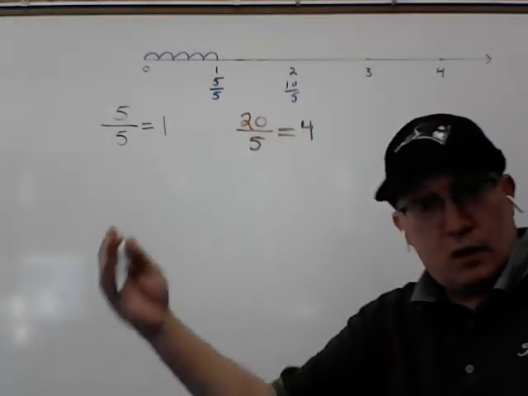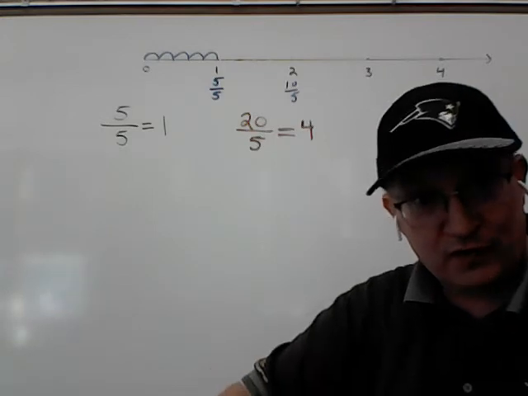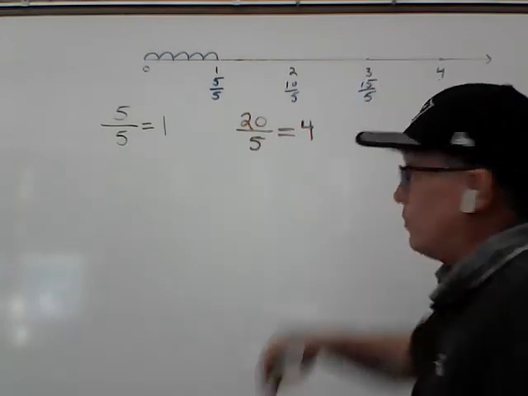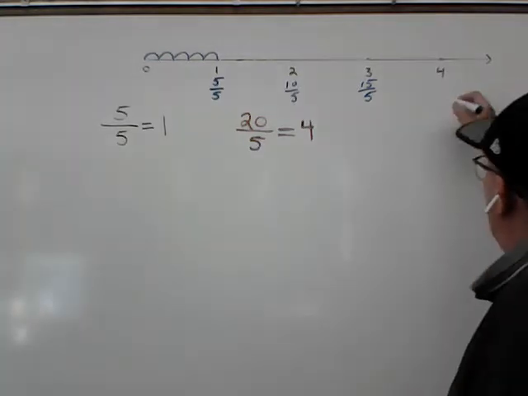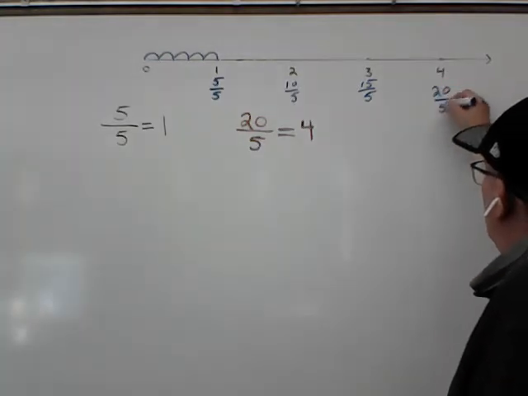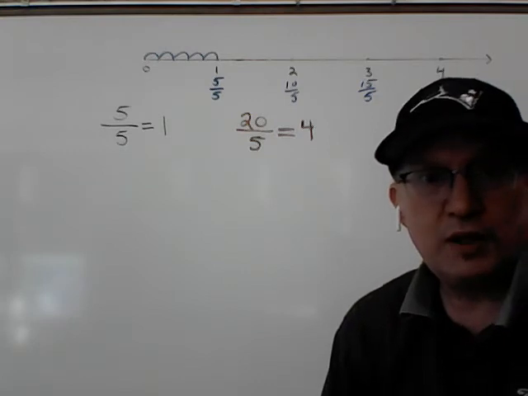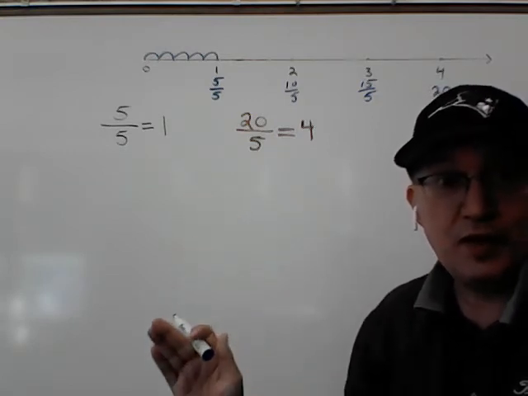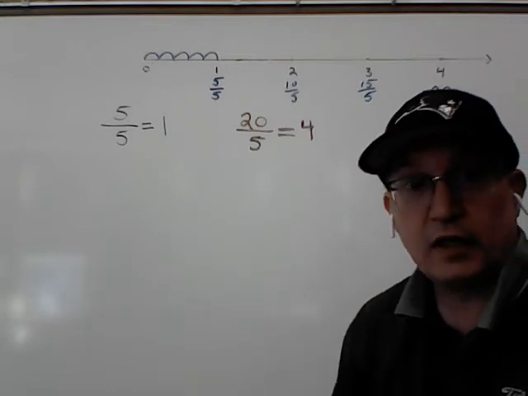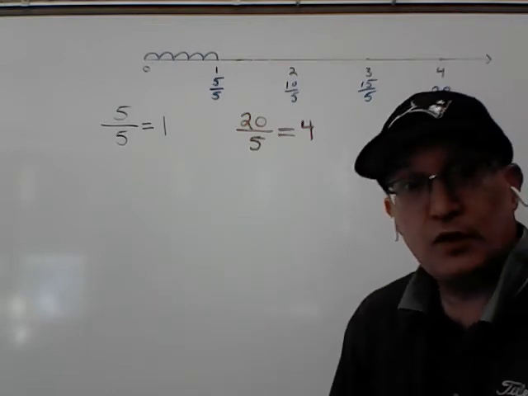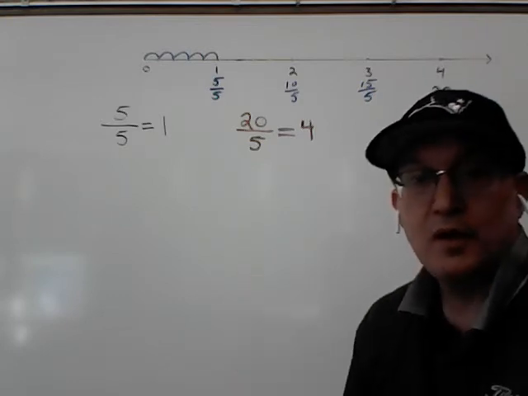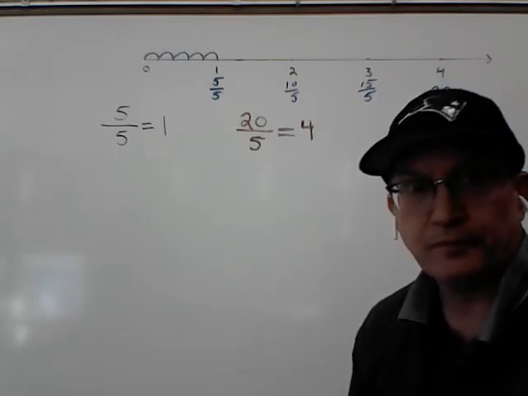So now, getting to 2, we're at 10 fifths. And then, of course, the whole number 3 would be 15 fifths. And then over here, the 4 would be 20 fifths. Please imagine all of those fifths being there. And it's quite clear that the 20th fifth to the right of 0 is right on top of the whole number 4.